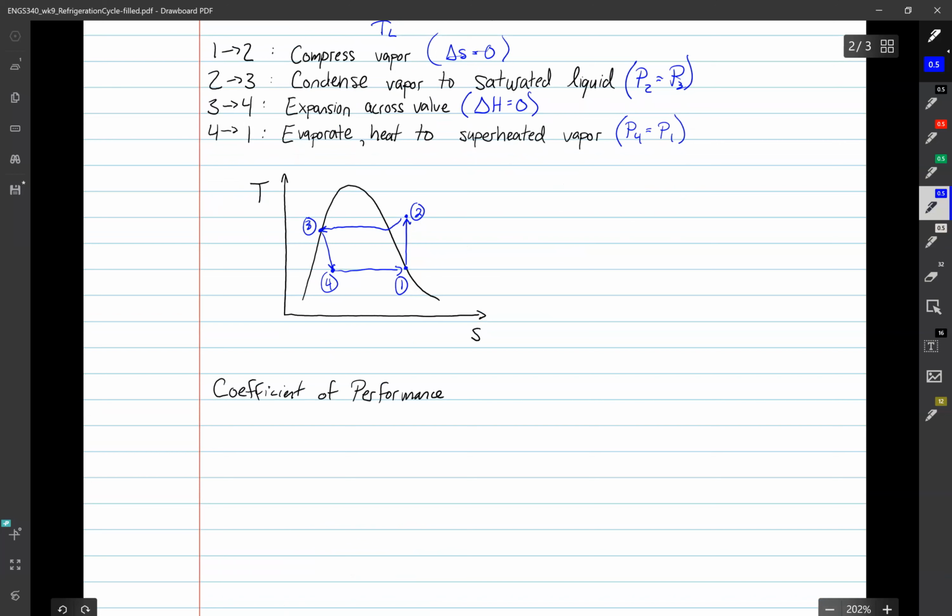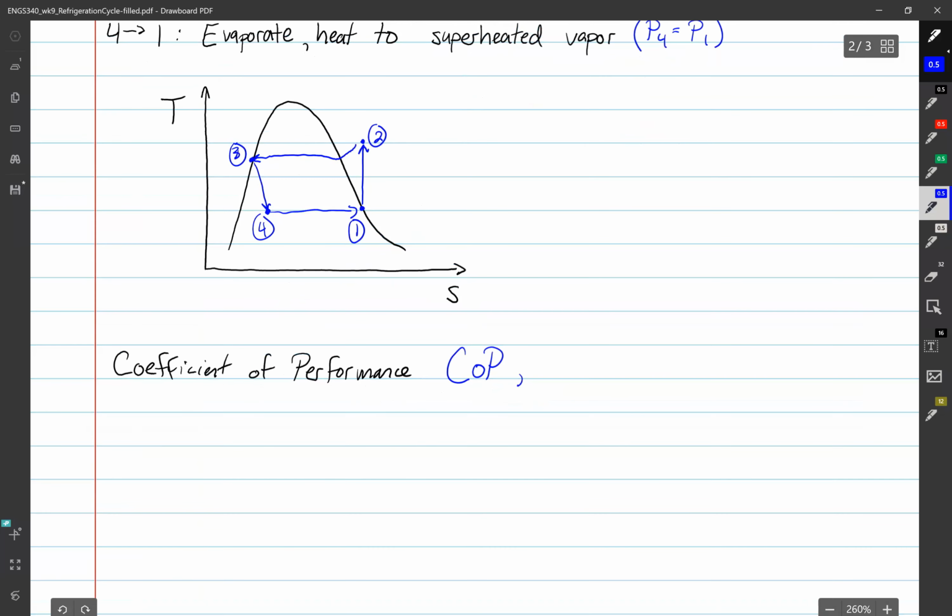So the coefficient of performance, sometimes called the COP. The variable that our book will use is beta, or COP. They call it both the same thing.